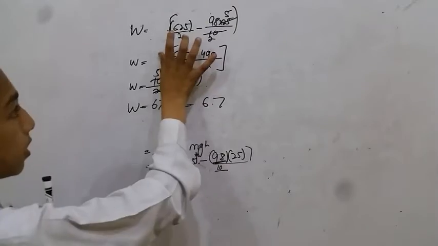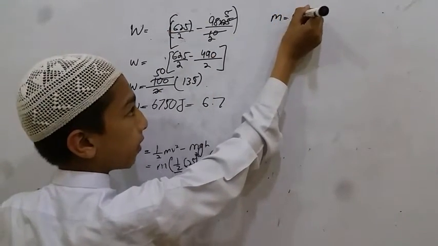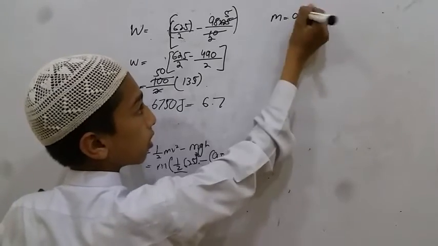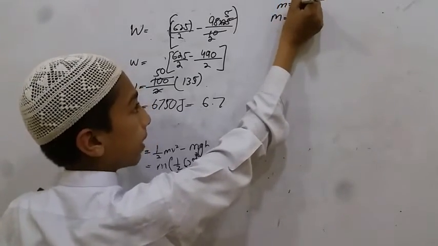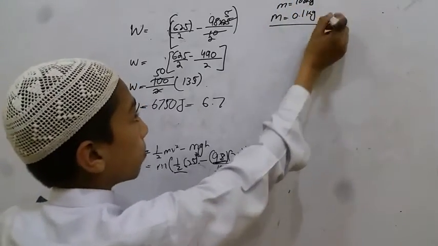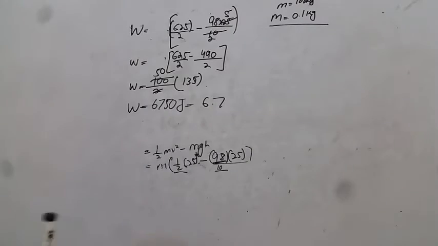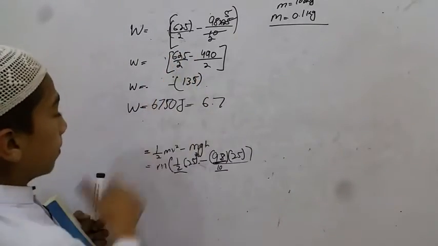Here we have taken the mass as 0.1 kg and the mass is given as 100 kg. We have taken 0.1 kg because if we take it 100, then the answer will be much larger.